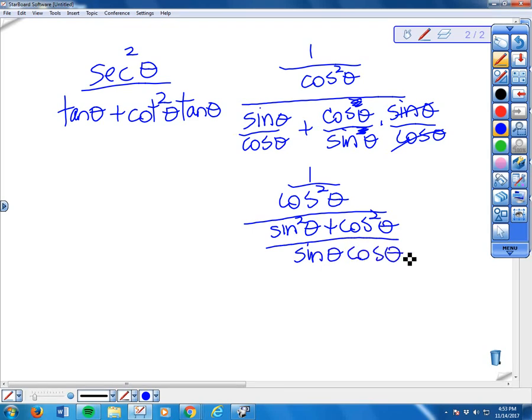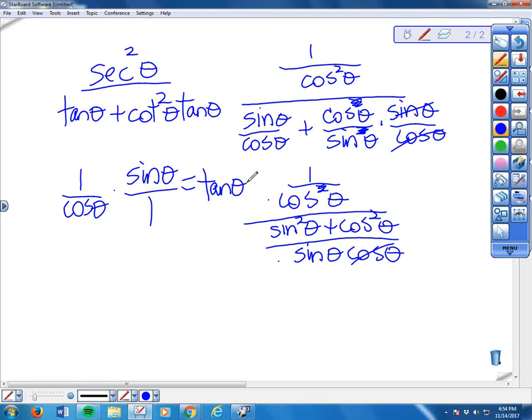And if you recognize, when I take a fraction and divide it by a fraction, it's the same as flipping. Or I can see that this denominator and this denominator will cancel. And then when I flip it, I'm going to have 1 over cosine theta in the numerator times sine theta over 1 in the denominator, which is just tangent theta.